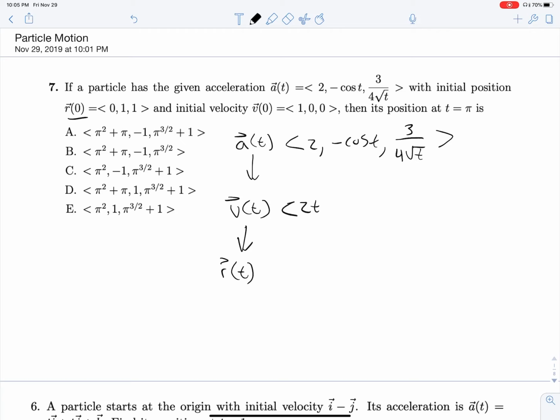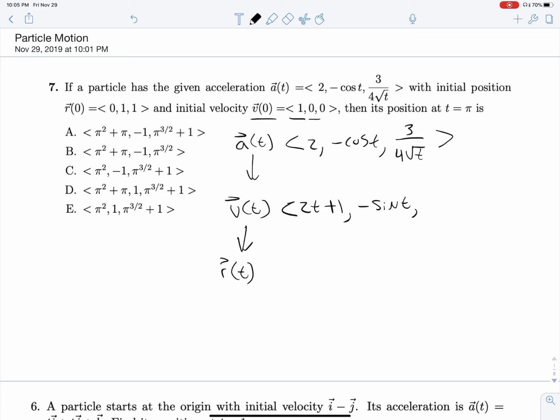For t equal to 0, v of 0, our x component, should be equal to 1, so we'll add a 1. And then this is going to give us negative sine t, and this already matches. So our c is 0, because when we plug in 0 for t, we will get 0, because the sine of 0 is 0.